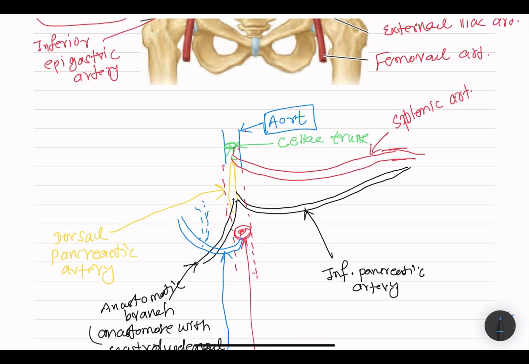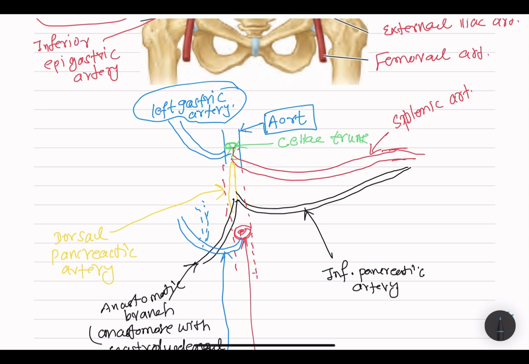Now from this celiac trunk, there also originates the left gastric artery. I will discuss this another time when I discuss the GI tract, duodenum, intestine, large intestine.